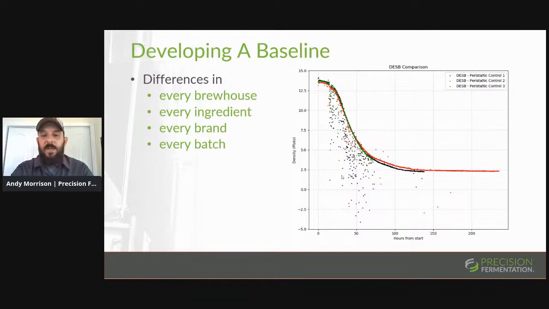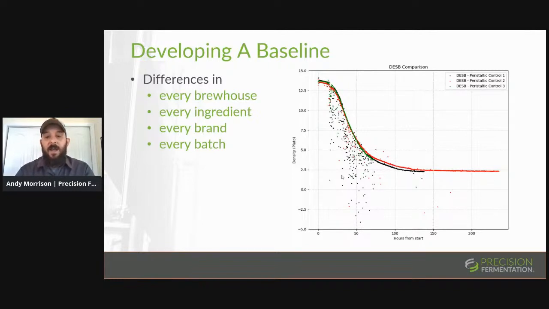The specific fermentation profile, the specific batch of yeast or strain of yeast that you're working with, and even tank configuration, right? So all of those things can play a role in what these curves look like. So it's really about creating a fingerprint for a specific fermentation profile that you have, and then being able to relate things back to that fingerprint as you continue on with subsequent batches.